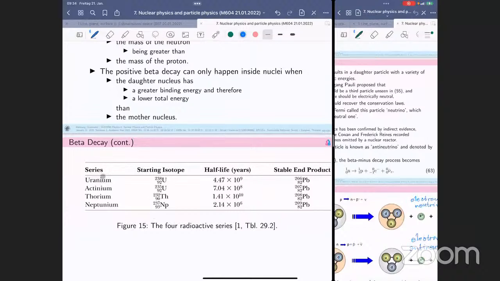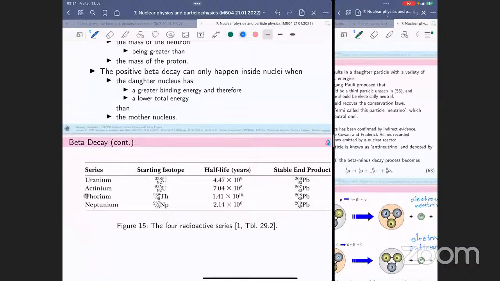The first family is uranium-238. The second one is uranium-235, the very useful series for humans to produce electricity in nuclear power plants.